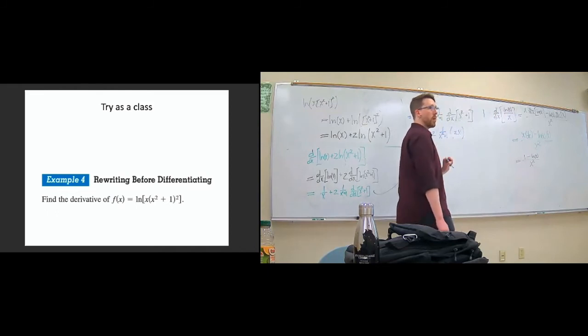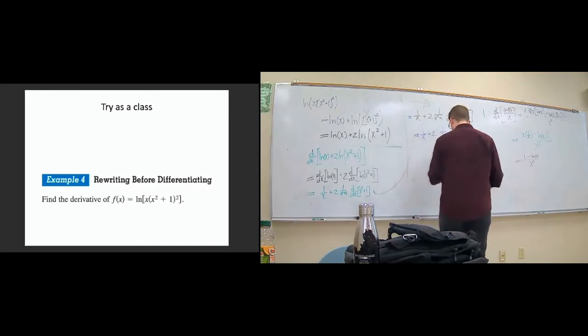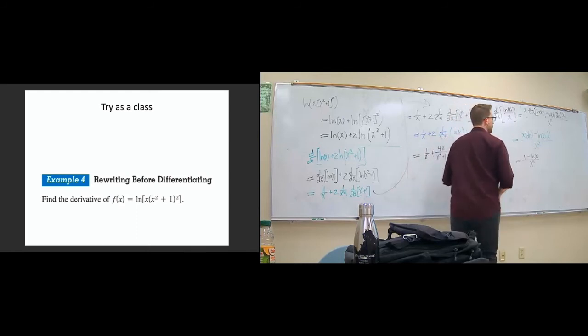So we can rewrite all of this as 1 over x plus 4x divided by x squared plus 1.